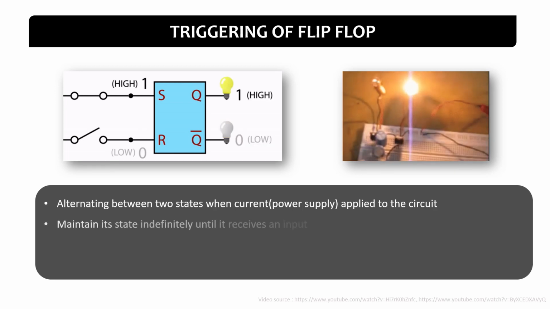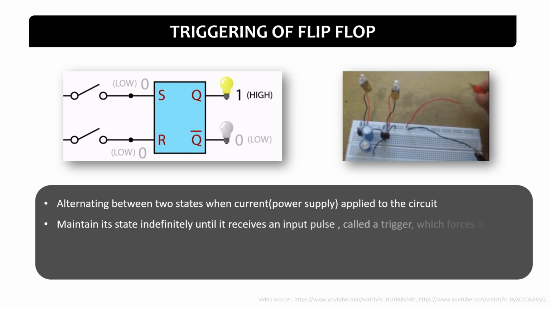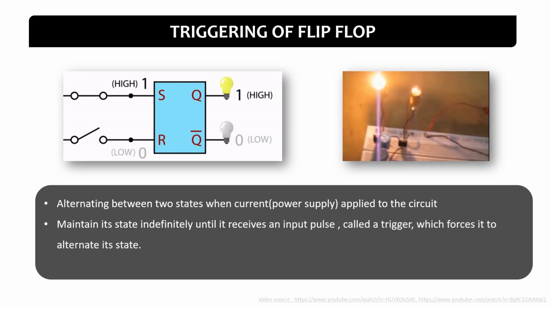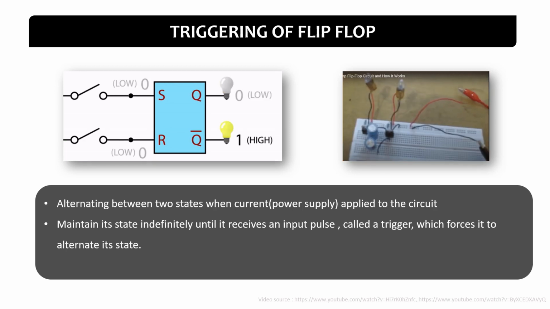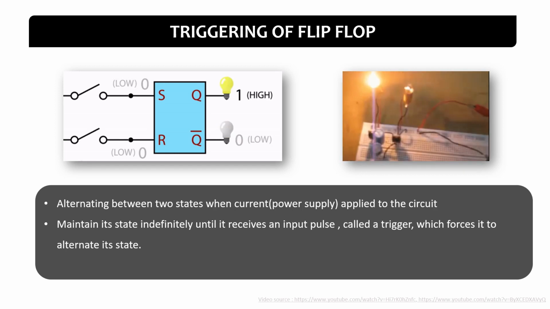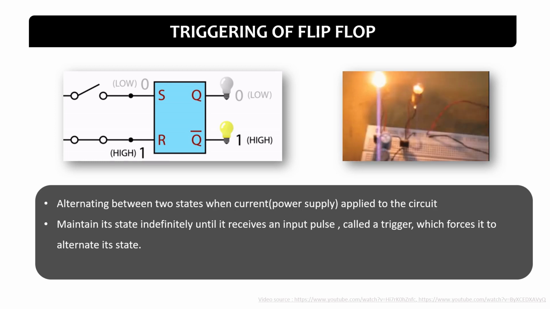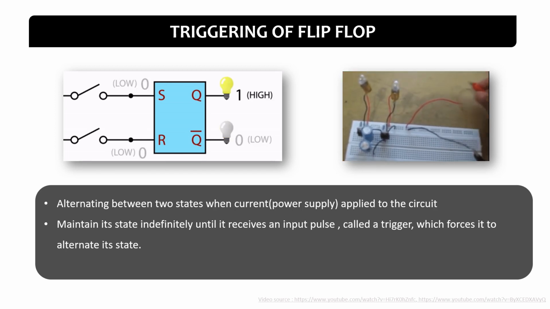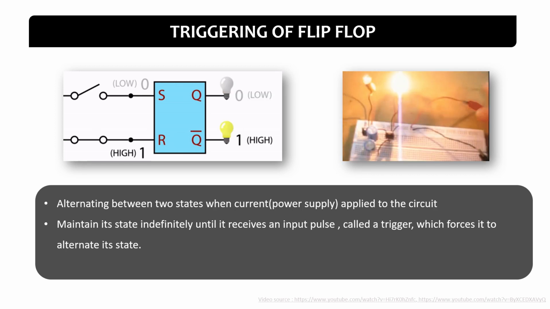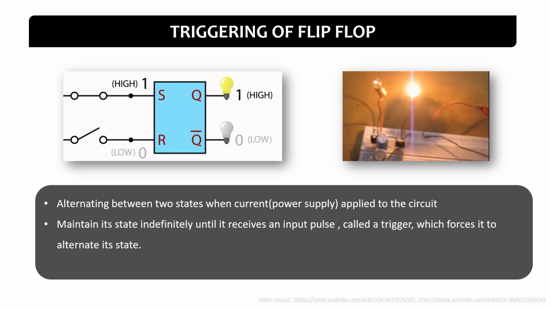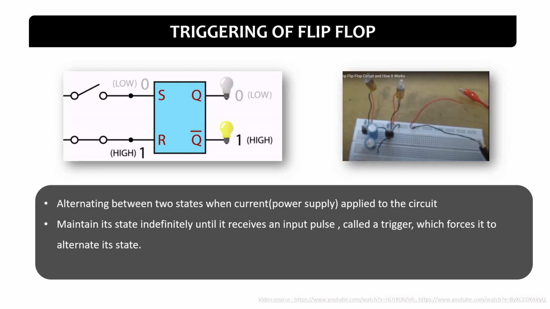So it maintains its state indefinitely until it receives an input pulse called a trigger, which forces it to alternate its state. Yes, we know that to trigger any flip-flop, we need current or a power supply, and until we apply the next trigger to that circuit, it will not change its state. So what is a trigger?